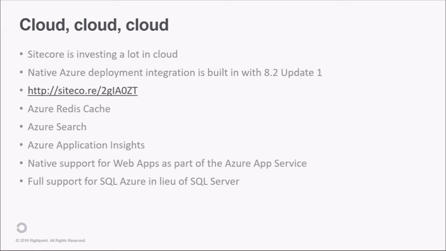It's fully Azure based using Redis cache, Azure Search, Azure Application Insights, Web Apps, and Azure SQL in lieu of SQL Server. So another great area to learn is Azure, because it's going to go there pretty quickly.